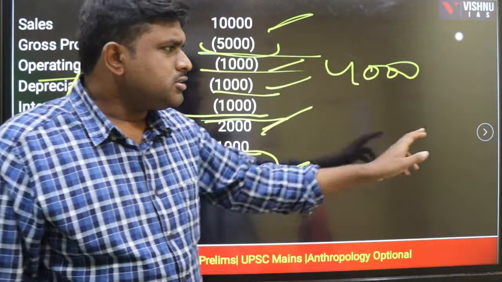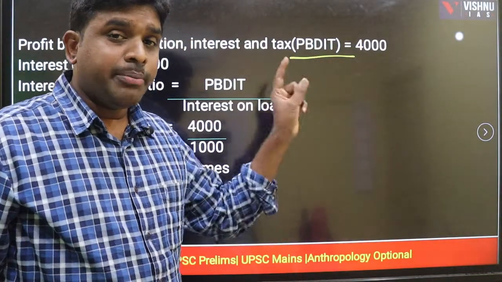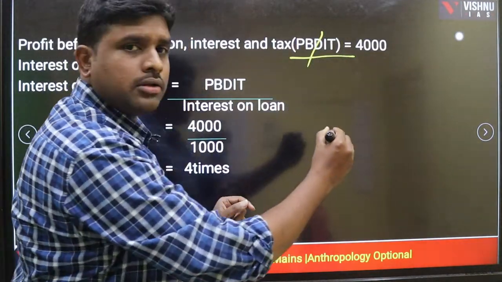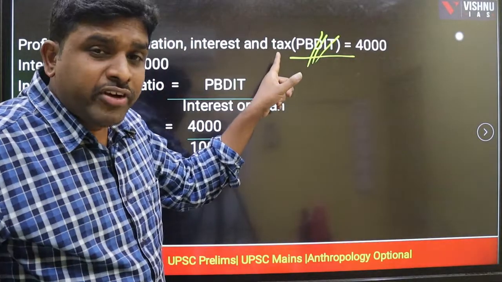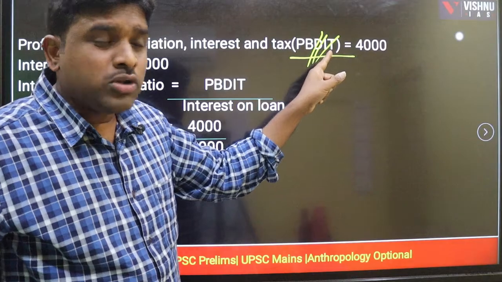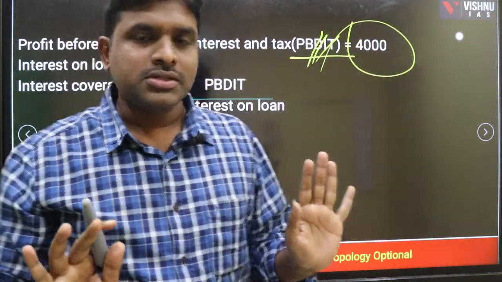What is the interest coverage ratio? It is profit before depreciation, before interest paid, before tax paid. So profit is 1,000 rupees, depreciation is 1,000, interest paid on loans is 1,000, and taxes are 1,000, overall 4,000 rupees.